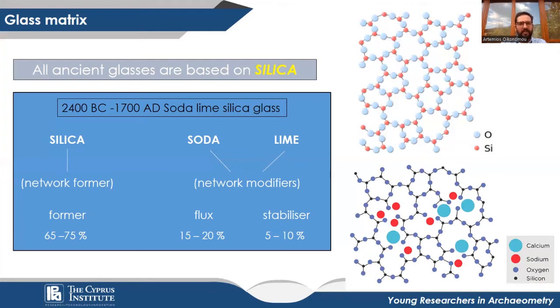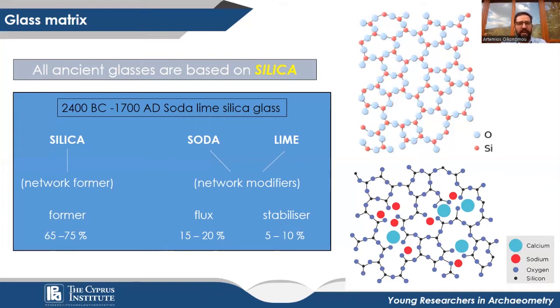The weight percentage of each of these basic components, as you can see, is 65 to 75% by weight for silica, 15 to 30% of soda, and 5 to 10% for lime.